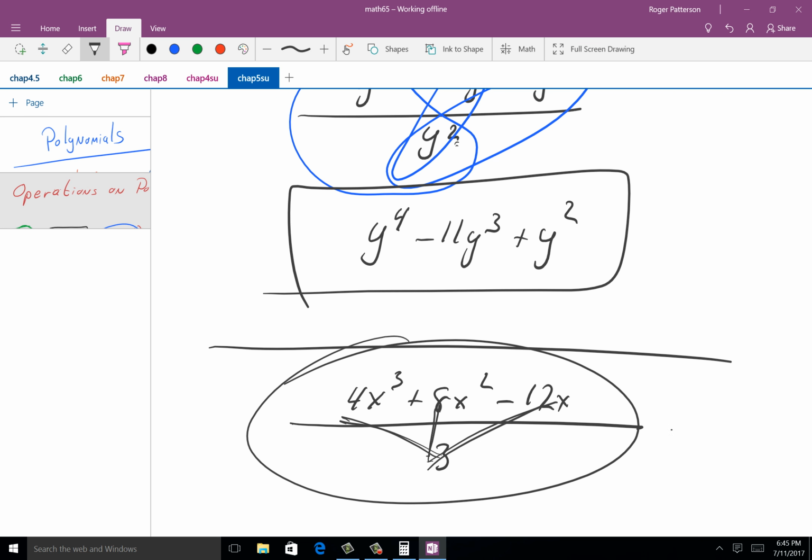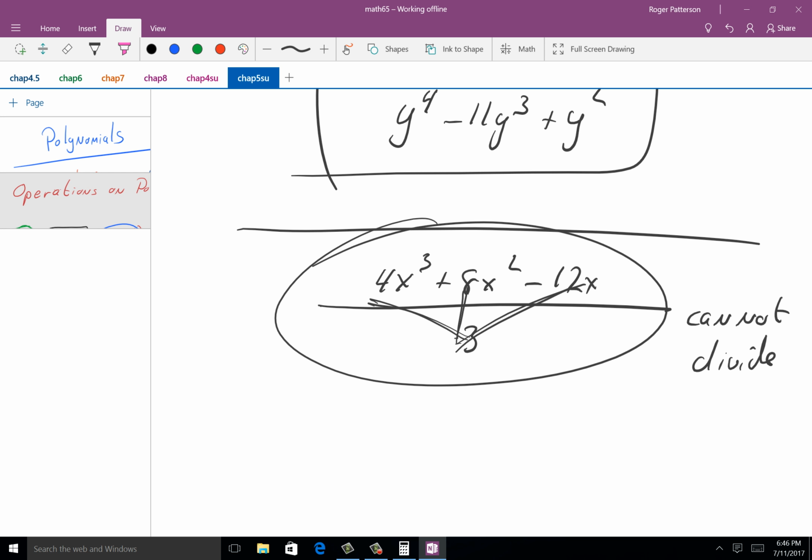So we really cannot divide that. It has to go into all three terms.